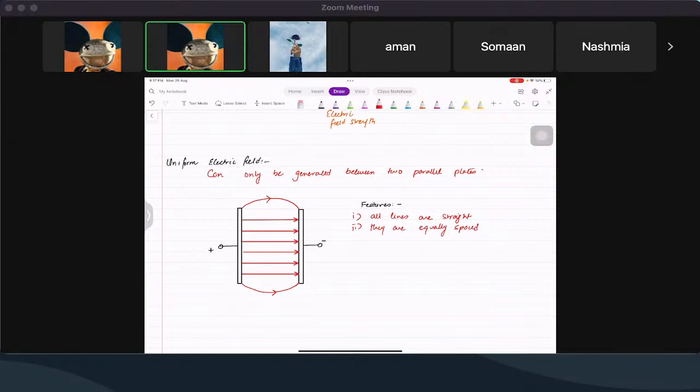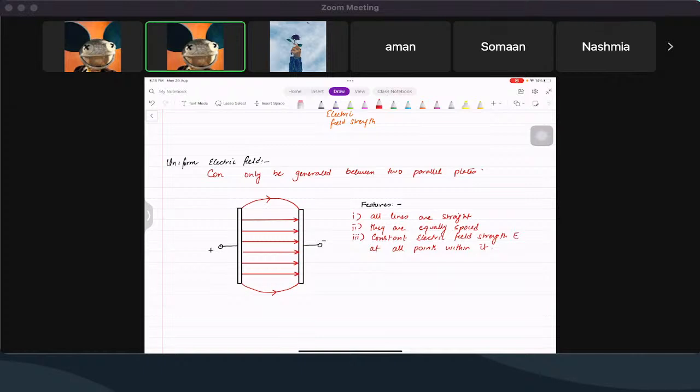And a uniform field will basically have constant electric field strength E at all points within it. Is it clear, everybody? Any questions here? Okay.